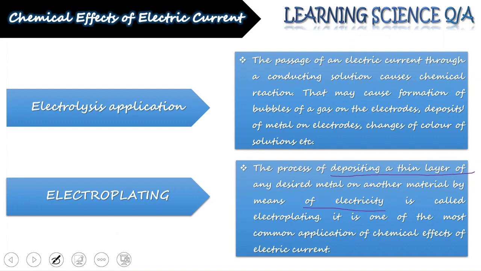So the whole process is known as electroplating. It is the most common application of the chemical effect of electric current, and very important from the exam point of view also. You must understand this.